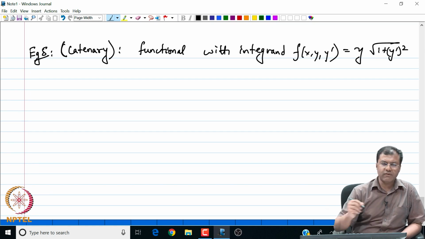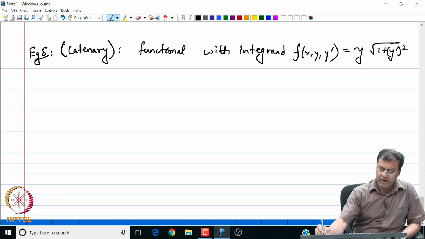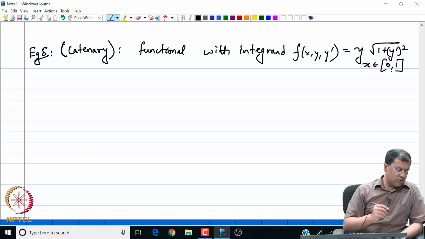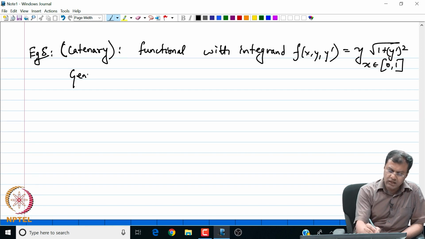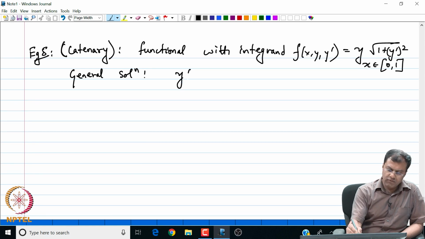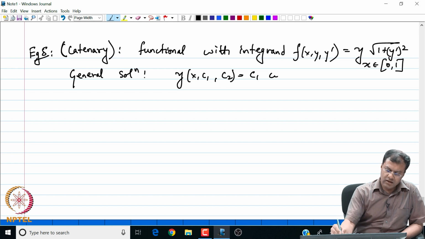I work with this integrand on the interval 0 to 1. I know that the general solution to this catenary problem, y of x comma c1 comma c2, is given by c1 cos hyperbolic of x by c1 plus c2.